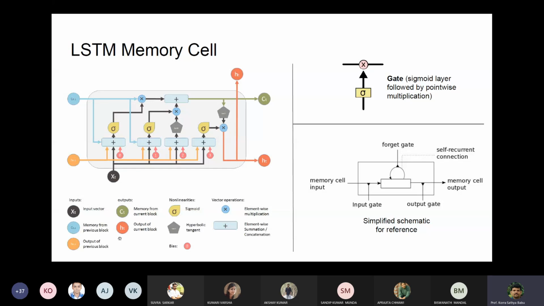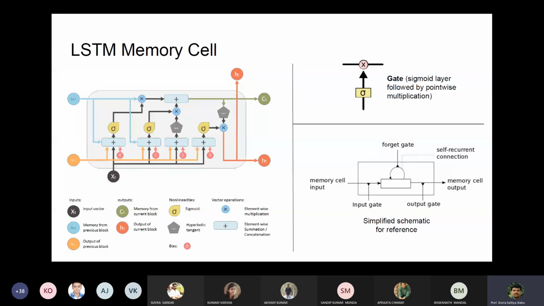So we use two squashing functions, or activation functions, here. You must have seen activation functions: tanh is there, whose values range from -1 to +1, you have the sigmoid layer from 0 to 1, and also the ReLU layer. But here you are going to use them for different gates.